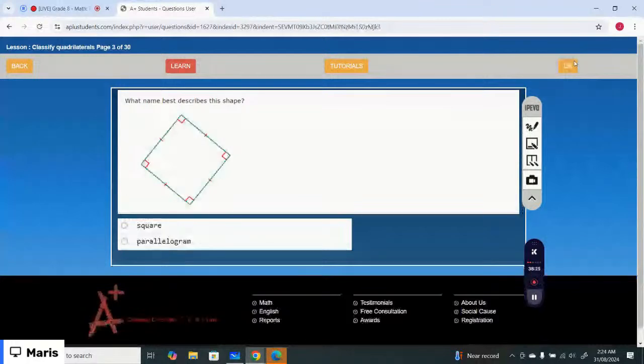What name best describes the shape? Square it is. The correct option is square.